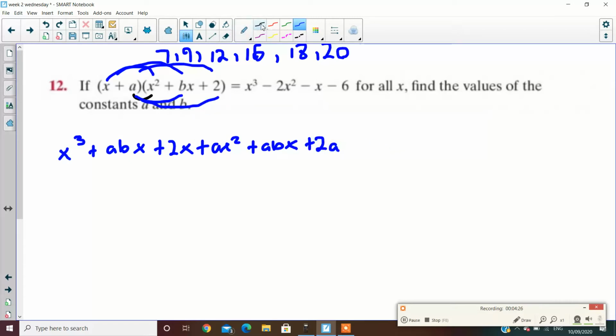Now group this. X cubed plus ab plus 2x. Ooh, yeah. Don't want that just yet. X squared first.